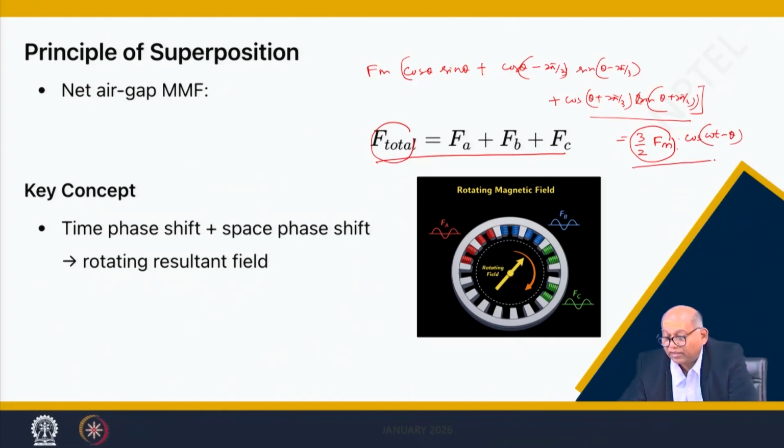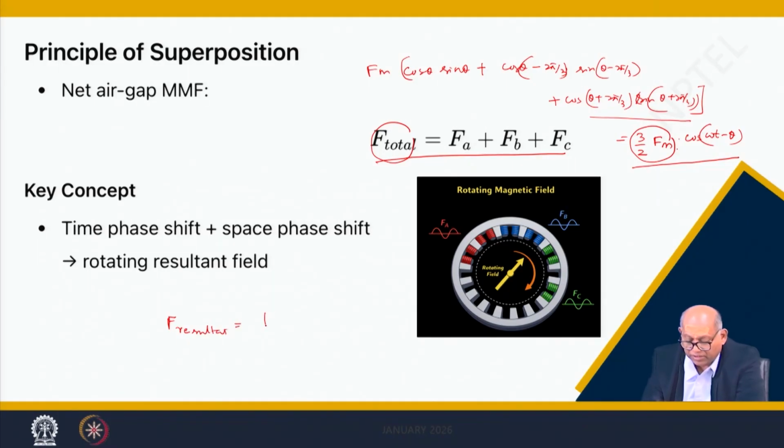This is the final expression. So this resultant MMF, F total or F resultant, will become some constant Fk into cos of omega t minus theta, which is the same as the cosine function cos of theta minus omega t.